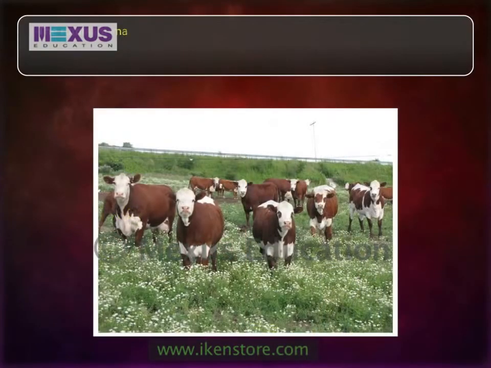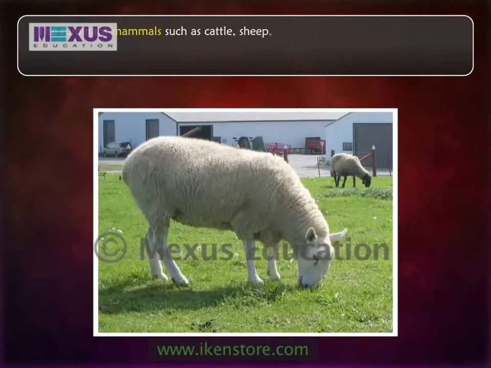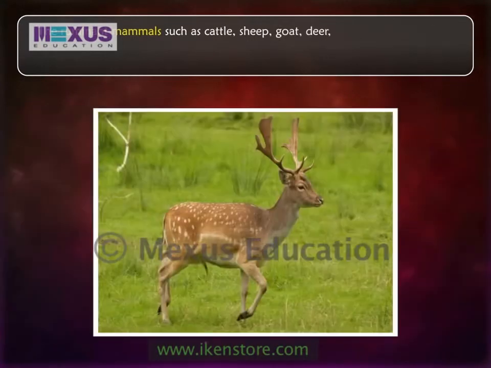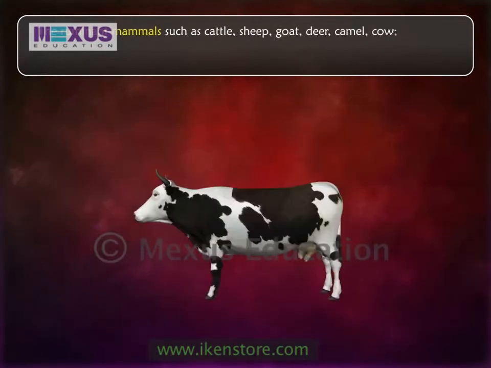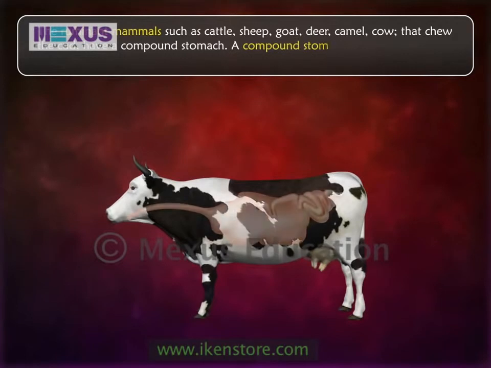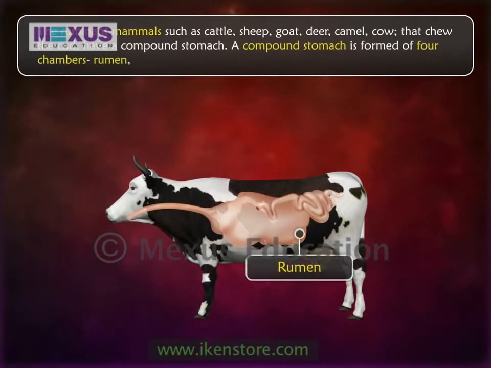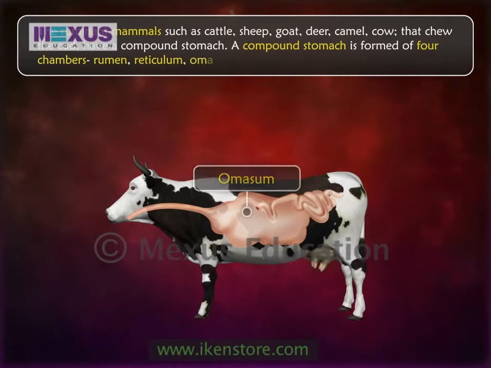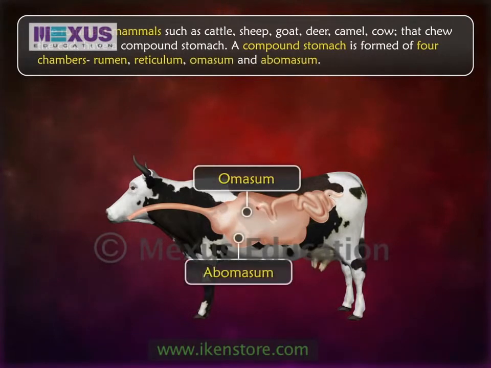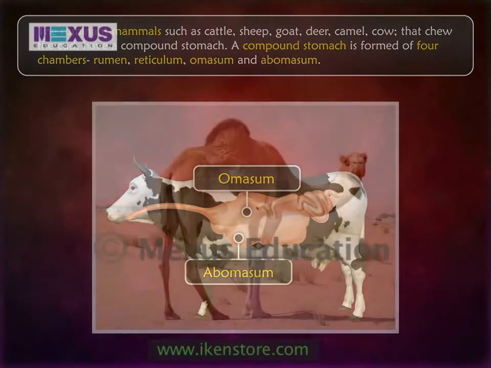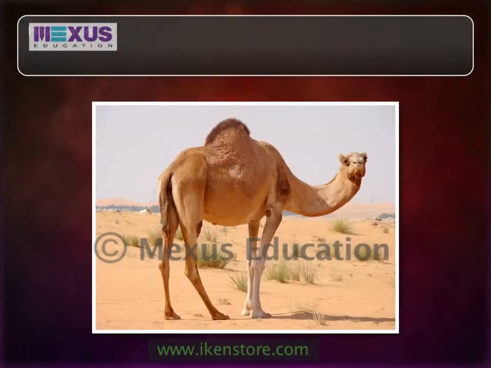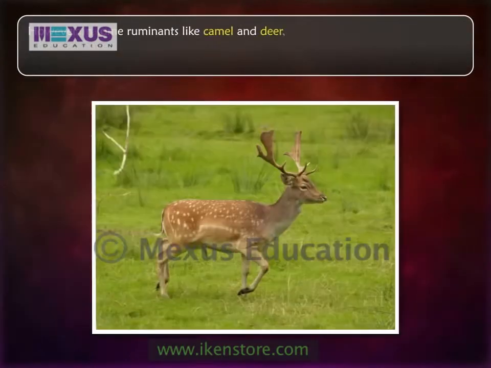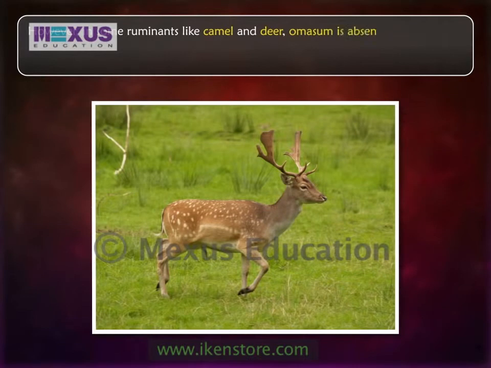The ruminant mammals such as cattle, sheep, goat, deer, camel, cow that chew cud have a compound stomach. A compound stomach is formed of 4 chambers: rumen, reticulum, omasum and abomasum. However, in some ruminants like camel and deer, omasum is absent.